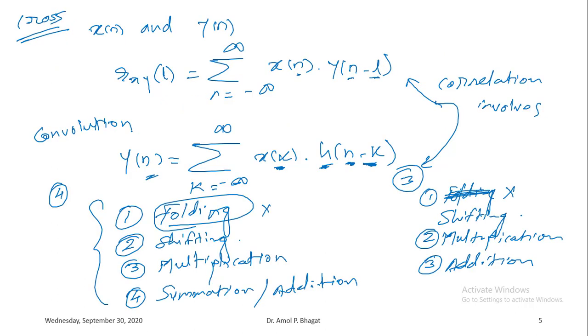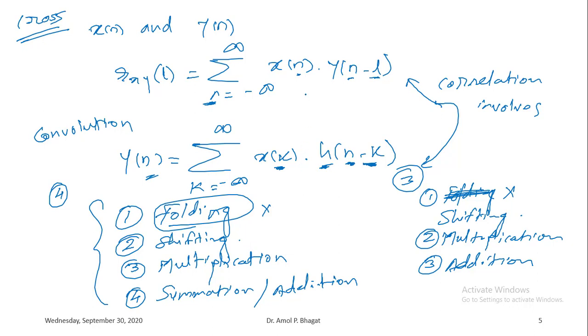The difference between correlation and convolution we have seen. If you observe their formulas, the summation variable is simply different, but instead of n you can even use the variable k: the summation from k equals minus infinity to infinity of x of k into y of k minus L. You will find the same types of operations; only the folding operation is not present in correlation, but it is present in convolution.